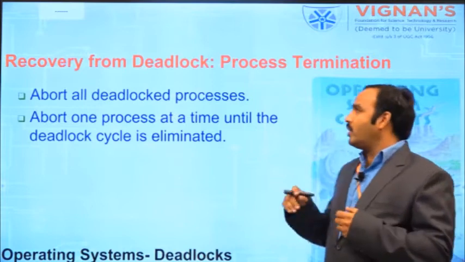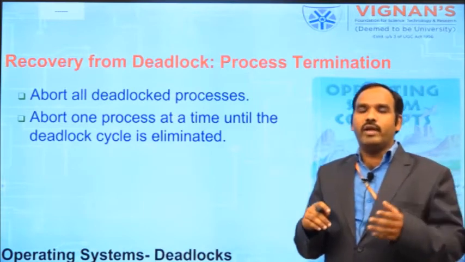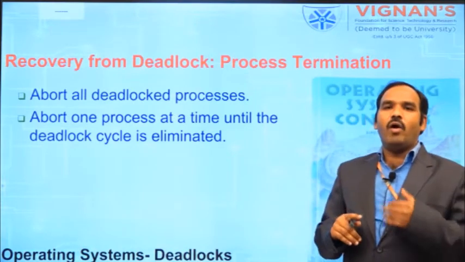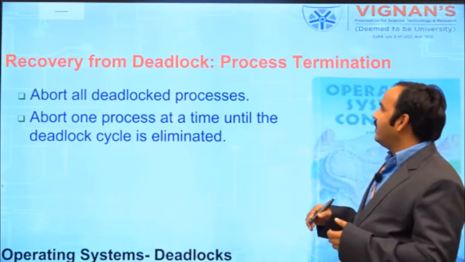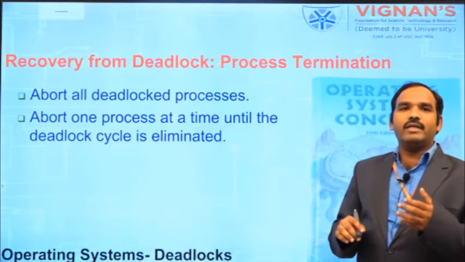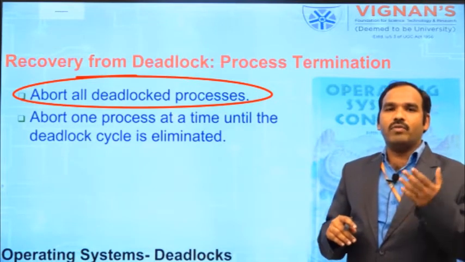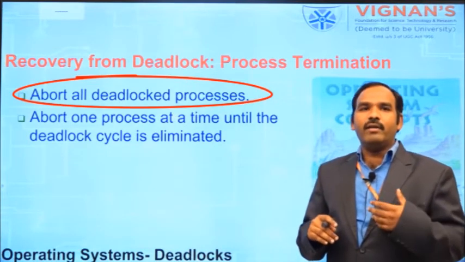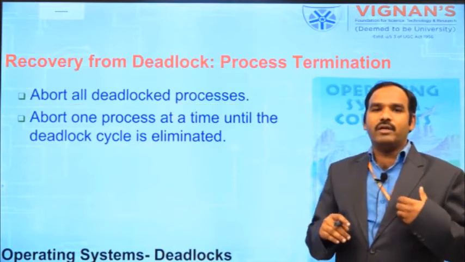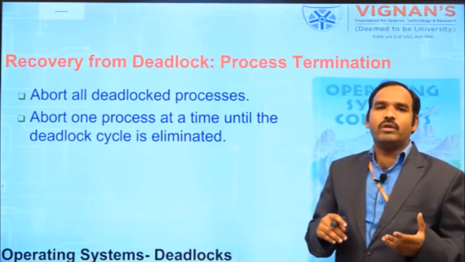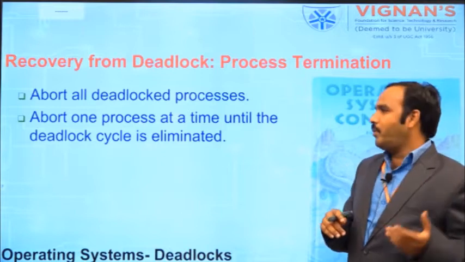In process termination, again there are two ways. One is to terminate all the processes involved in the deadlock, that is, abort all processes. Once you abort all those processes, they will release the resources and you can use those resources for other processes.